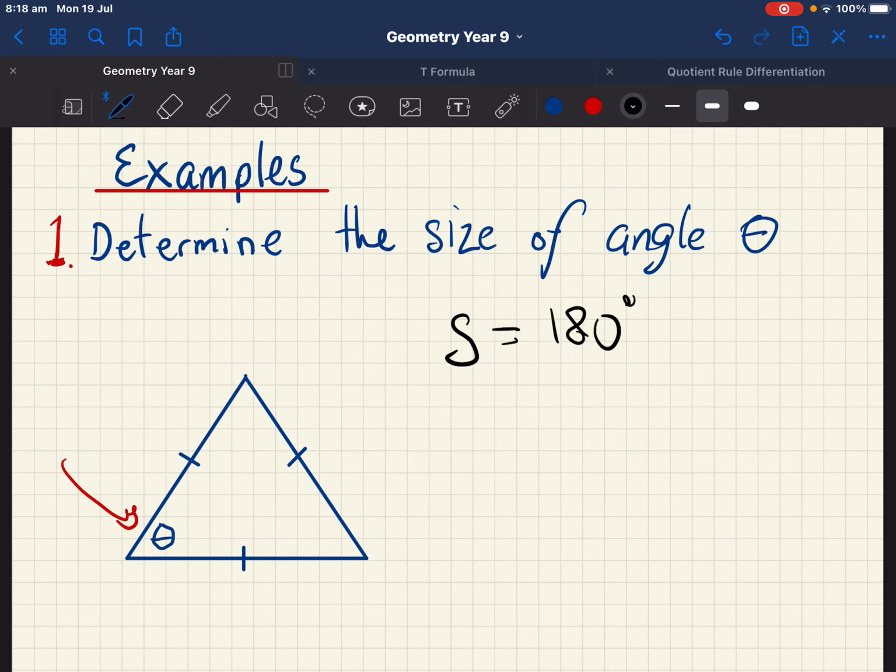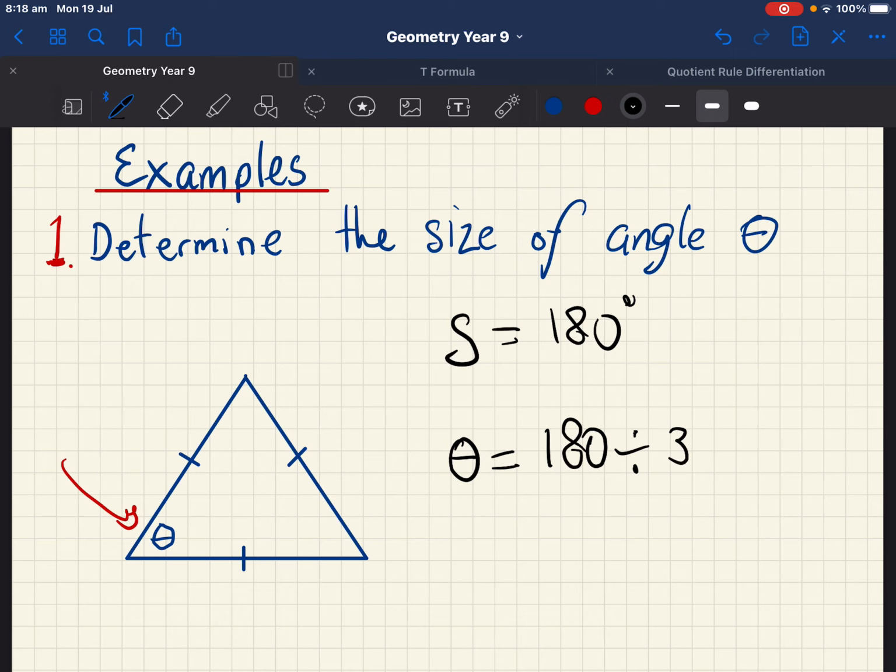Now, if you want to find the size of this angle theta here, well, what makes these regular polygons so easy is all of the angles are equal. So if you want to find the size of one of them, all you need to do is take the angle sum and just divide it by how many angles there are, which is 3.